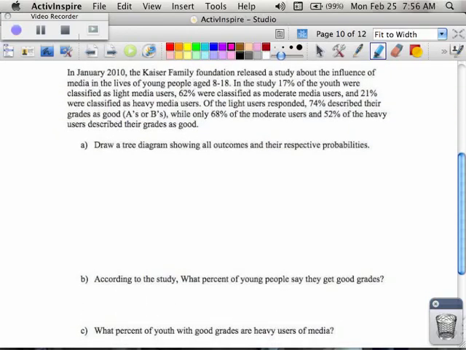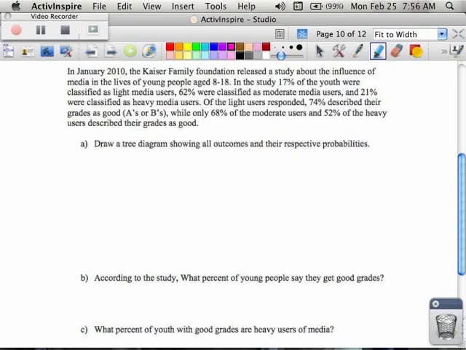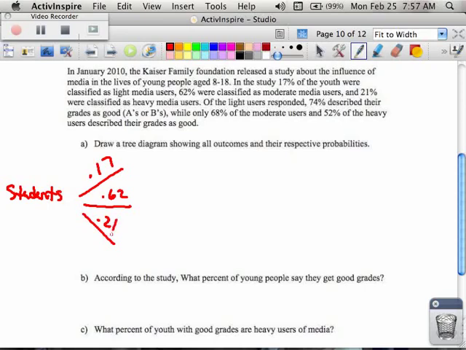What we're going to do is draw a tree diagram based on this. So the tree diagram would look something like the following. We have the students that we're talking about, and we had three different possibilities. In these three different possibilities, 17% were the light media users, 62% were moderate, and 21% were heavy.